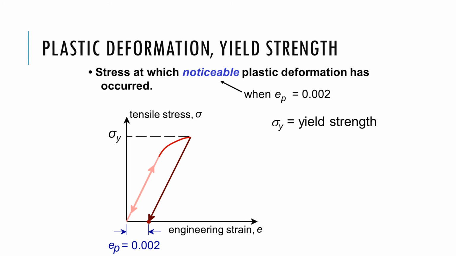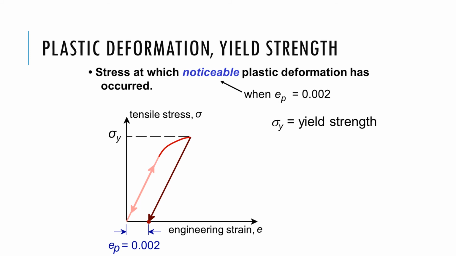First is this parameter we call the yield strength. So this is the stress at which noticeable plastic deformation has occurred. It's called the yield strength. And we usually measure it by offsetting the value in strain.